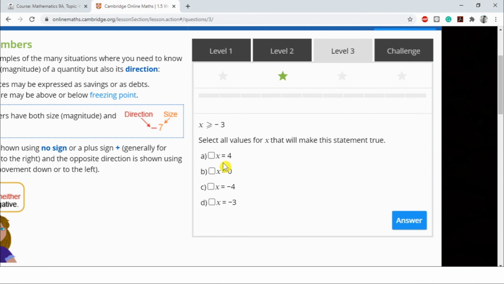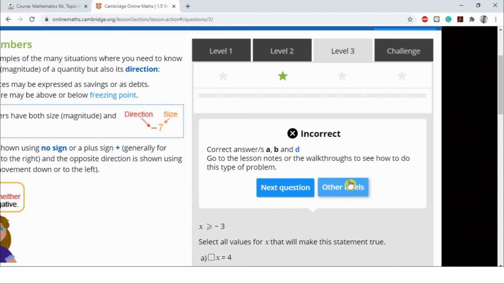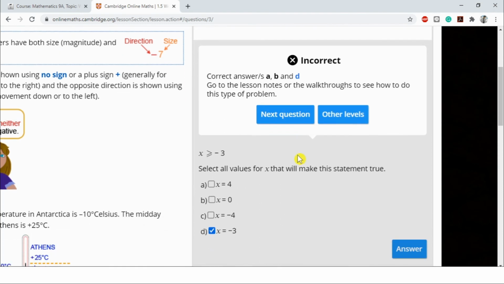Look here. All right, so we have this expression: x is greater than or equal to minus 3. And then we need to select all values of x that will make the statement true. x equals 4, no. 0, no. So of course it's equal to minus 3. It's still easy for level 3. Huh?